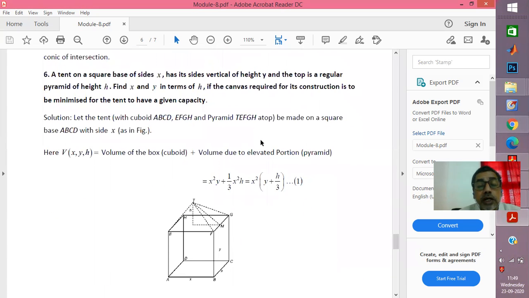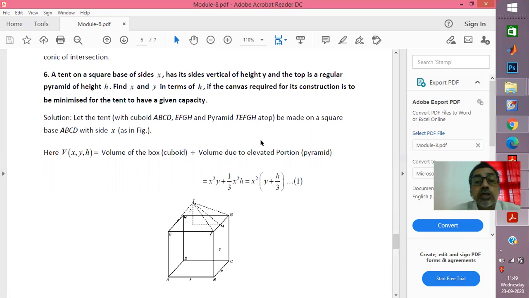The sixth problem is again interesting. We have a tent standing on a square base. We'll assume the sides to be x and x with vertical height y, and then on top of this cuboid stands a tetrahedron, and therefore this is the tent-like structure that we are talking about, and we have to find out how much canvas is required so that we consume the minimum of that, because our resources are scarce.